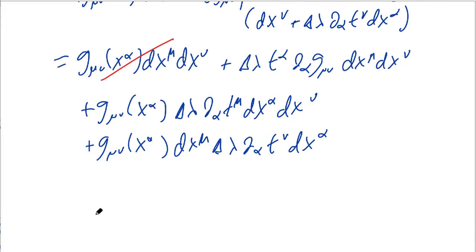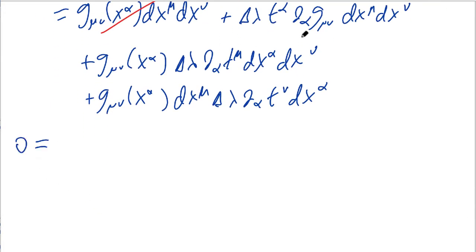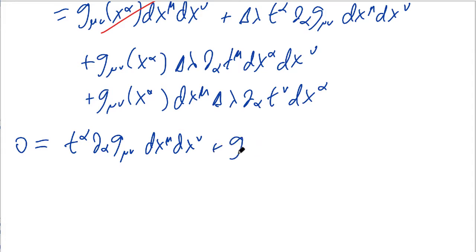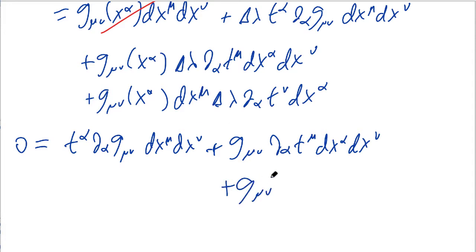So this simplifies to 0 equals these 3 terms, and I can cancel out the delta lambda in those terms. This is t alpha partial alpha g mu nu dx mu dx nu plus g mu nu times partial alpha t mu dx alpha dx nu plus this last term is g mu nu partial alpha t nu, then dx mu dx alpha.